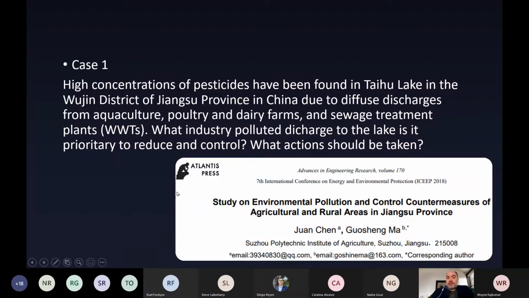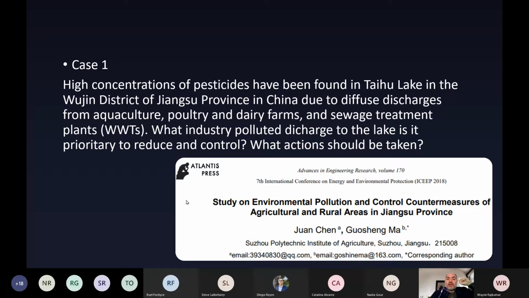This was a documented study from China on Lake Tai, and it happened that high concentrations of pesticides have been found in the Taihu Lake in the Wujin district of Jiangsu province. Sorry for the Chinese accent. Due to diffuse discharges from aquaculture, poultry, and dairy farms and sewage treatment plants.